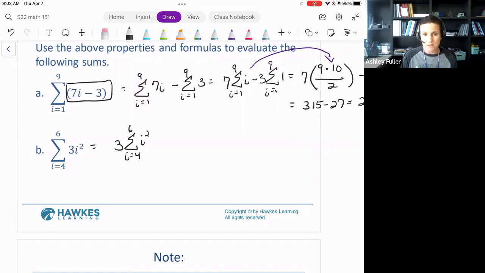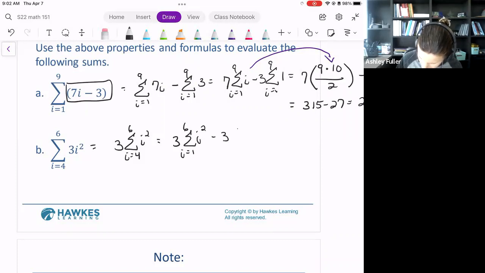Using the formulas that we looked at for i squared, this becomes 3 times the sum from i equals 1 to 6, because we know that that formula applies from the value of 1, of i squared, minus 3 times the sum from i equals 1 to 3. So we're going back so that we're just covering from 4 to 6.